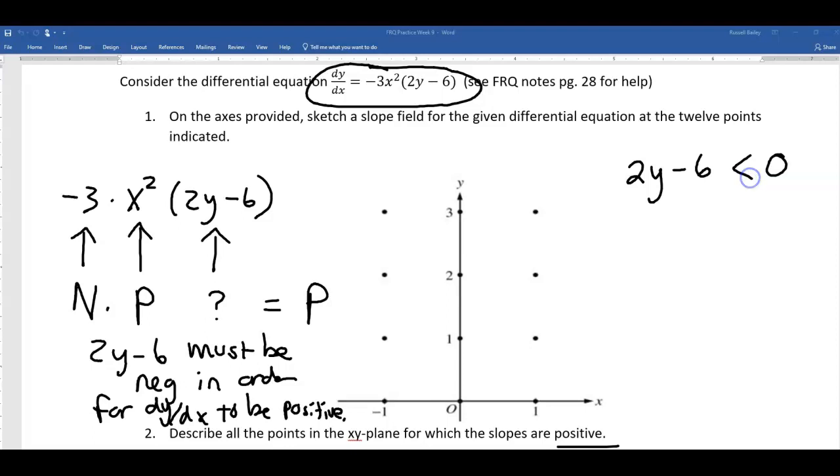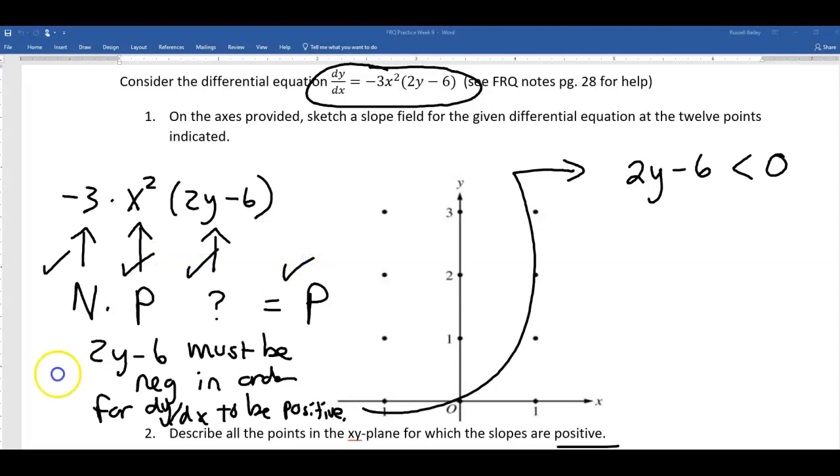It must be less than 0. Okay, so they want to know, where would the slopes be positive? Well, since this is negative, this is positive, this would have to be negative in order to get a positive. So we know that 2y minus 6 is negative, so that means 2y minus 6 must be less than 0. And can we just solve for y now? I think we can.